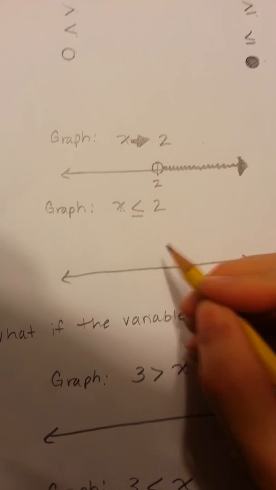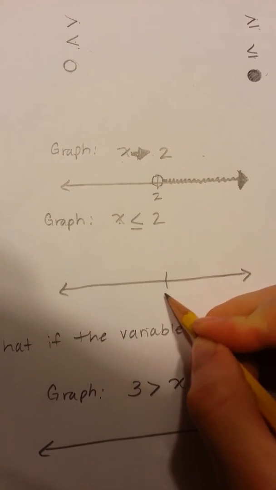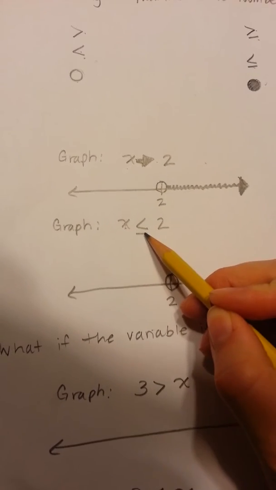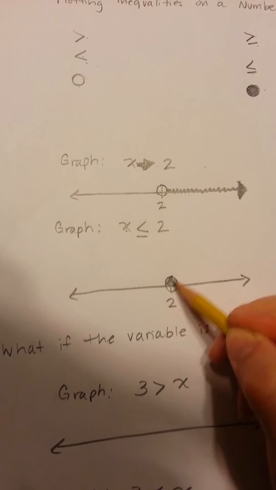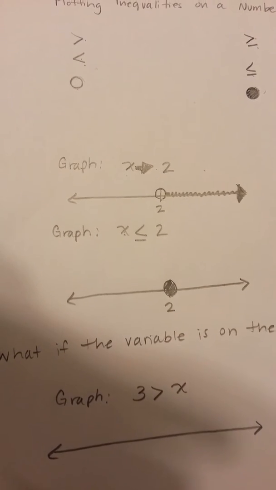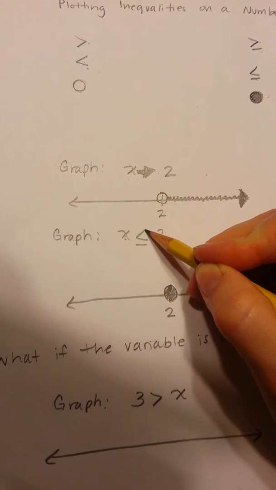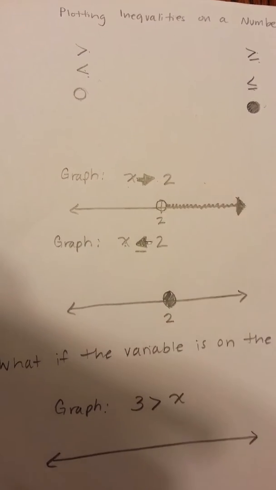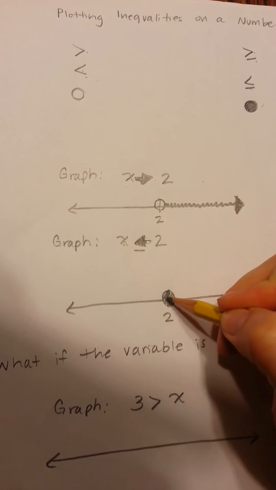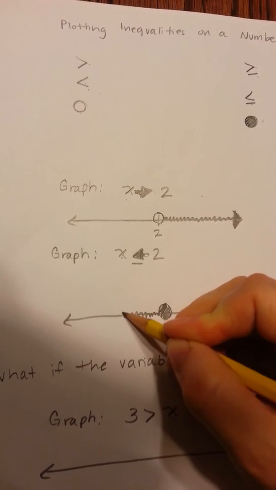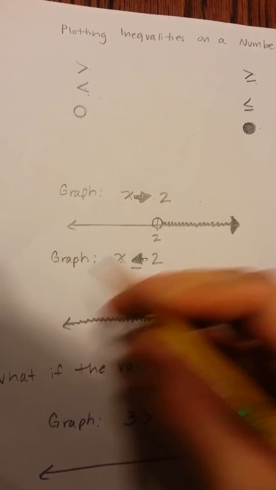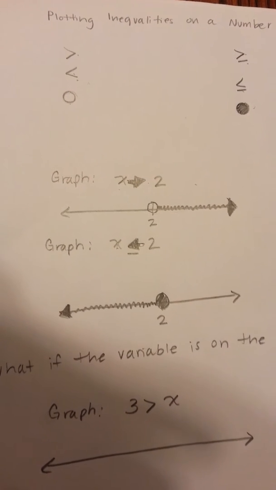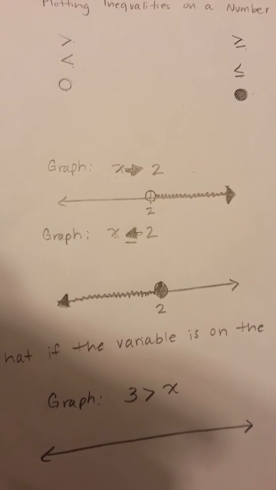So we're going to start by drawing the point, making it 2, drawing my circle, and this time I see the pencil, so I'm going to fill it in. Now which direction will it go? Well, if I fill in my arrow, my inequality symbol, it shows me that I'm going to be going to the left. So here I go, shading into the left side, and I fill in this arrow here, and there is my solution.